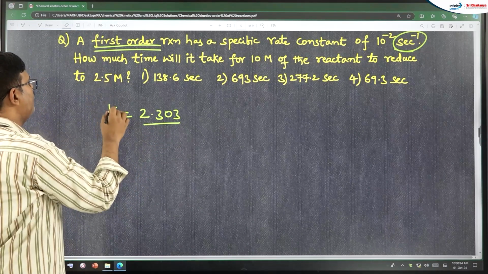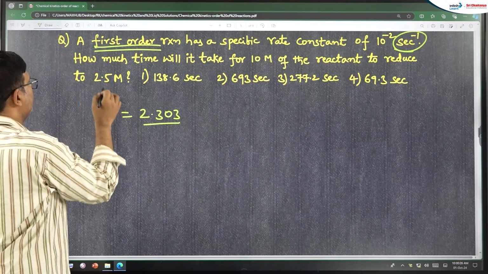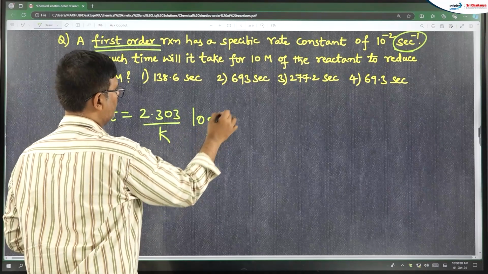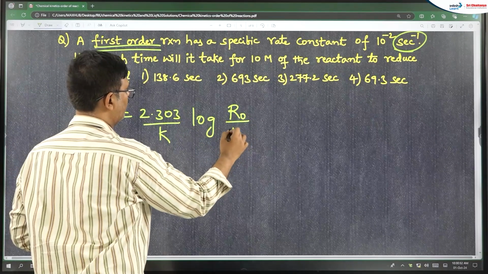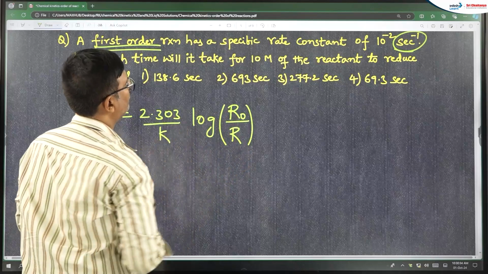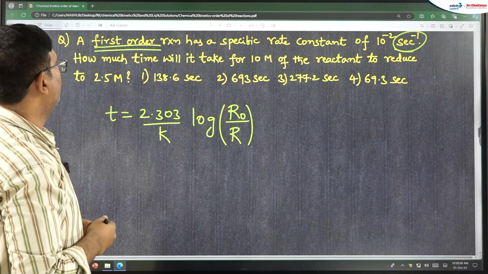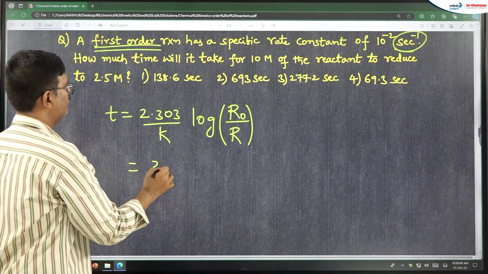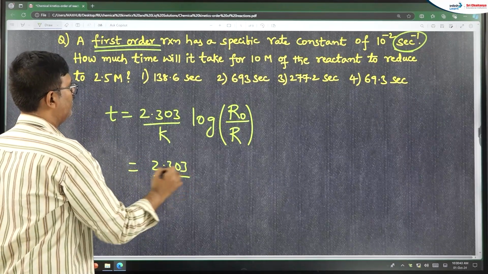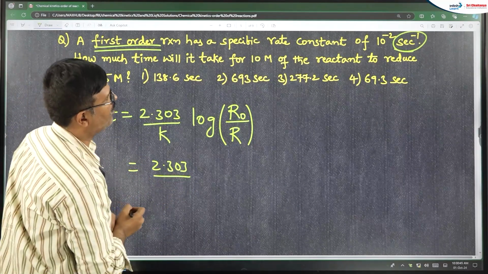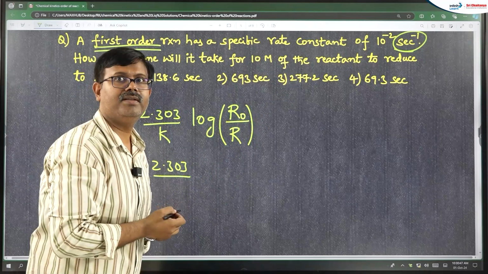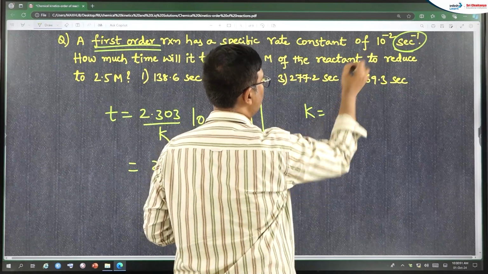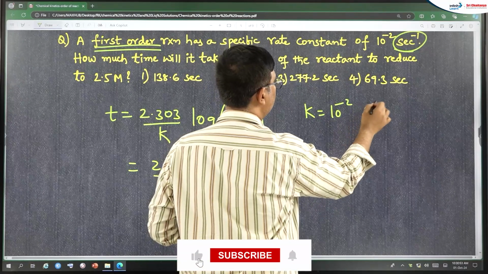I am taking time on the left side, K on the right side. Okay. Now R naught. K is how much given? 10 power minus 2 is the K value. So see, K is given in the question as 10 power minus 2.